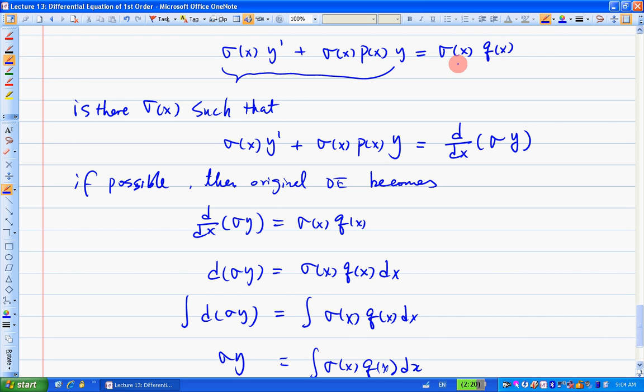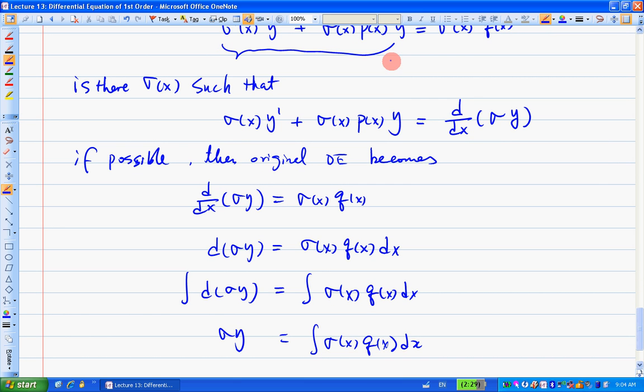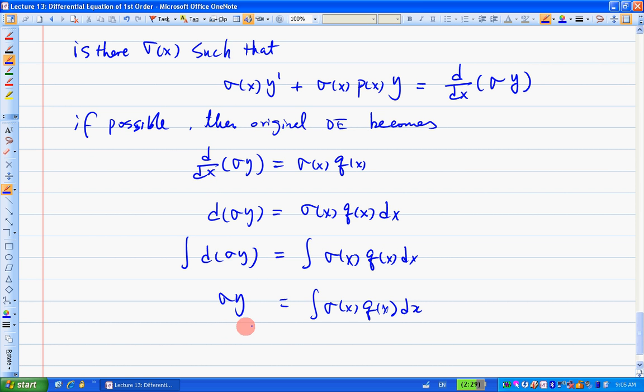We call it an integrating factor, and we ask the question: is it possible to find a sigma x function such that the whole left side can be written into this? If it's possible, then instead of solving the original one, I'm solving this one, which means I can simply separate variables and obtain a format like this.